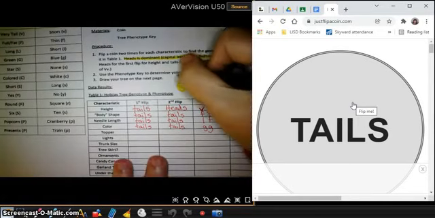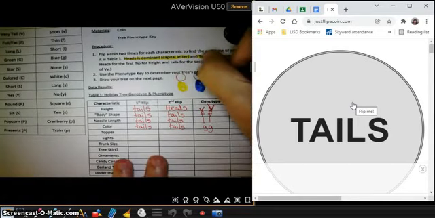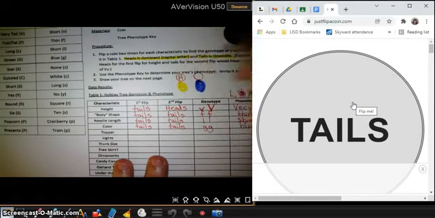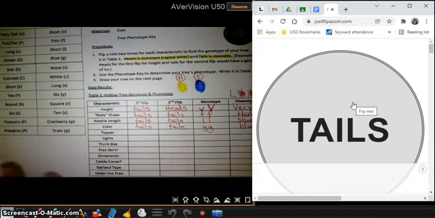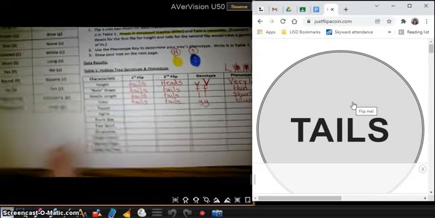And that's why a lot of genetics simulations use heads and tails, because it's also 50%. 50% of the time you're going to get heads, 50% of the time you're going to get tails. You're always going to get one or the other, right? Just like you were going to get one of the shells. You were going to get blue or you were going to get yellow. So that's why they use heads and tails. It's also a 50% probability.